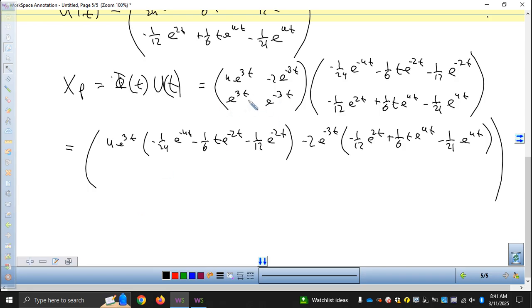So we get this row by these two. So that's going to be e to the 3t minus 1/24 e to the minus 4t minus 1/6 t e to the minus 2t minus 1/12 e to the minus 2t plus e to the minus 3t times this.